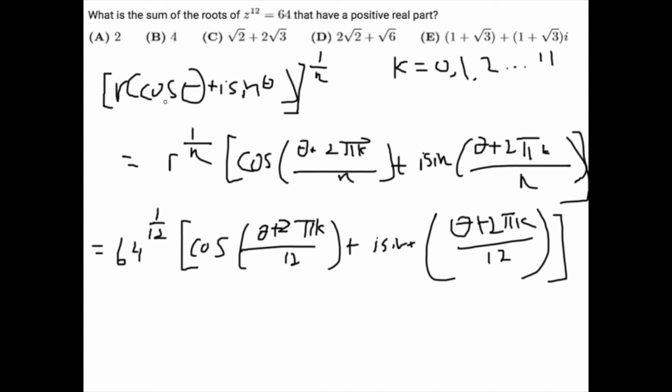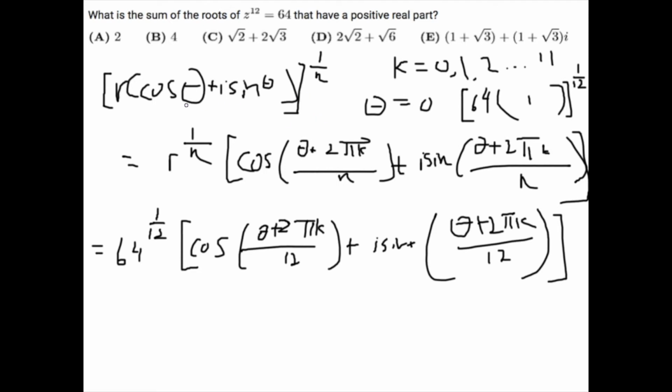And here, theta has to be, well, it doesn't have to be, but we'll set it to 0 because in this case, r is 64, and we have it multiplied by something all to the 1 over 12. So since we're taking 64 to the 1 over 12, this value has to be 1.